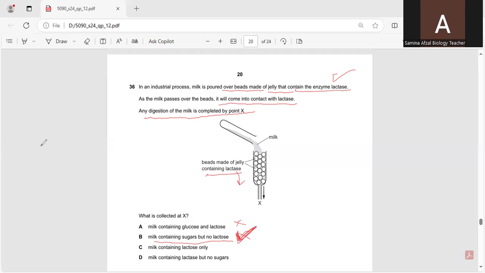Milk containing lactose only? No. Milk containing lactase but no sugar? Wrong. Only B is the correct option because in this way, at the industrial level, the milk is produced which is lactose free, because many people are intolerant to lactose. So lactose free milk can be produced in this way.